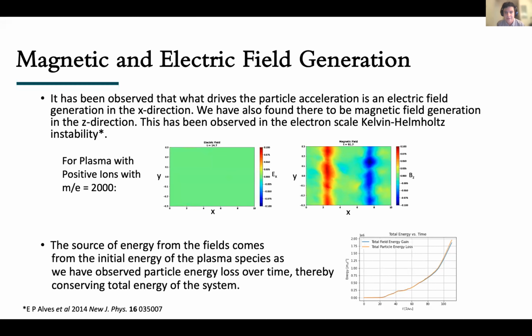We examined whether we have conservation of energy of the total system. Here in the bottom plot, we have the field energy gain in blue, as well as the total particle energy loss in orange. We see that they correlate quite well, so we can say that we do have conservation of energy.